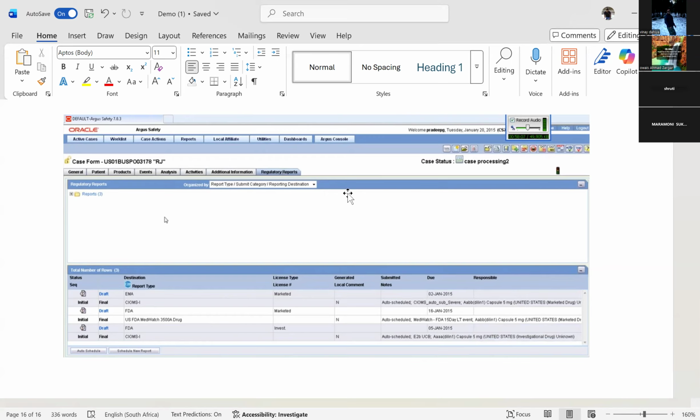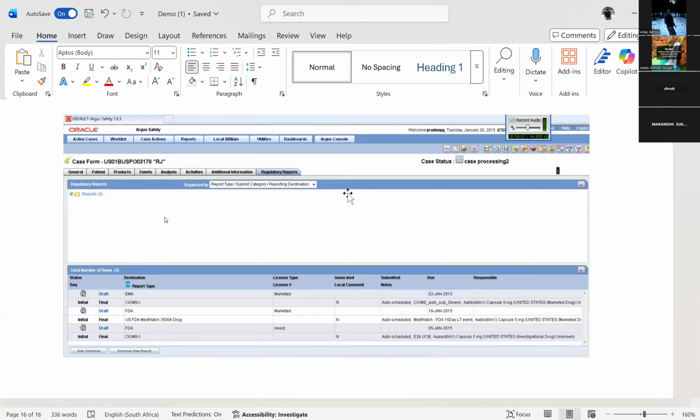Okay. And narrative plays an important part in this because usually narrative is the part where manual efforts are included and there are the most chances of human oversights.